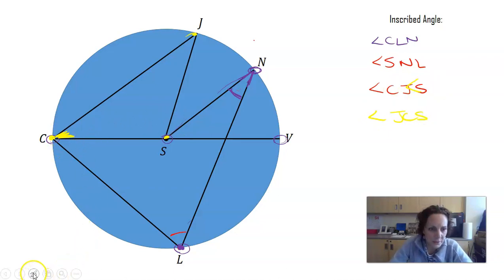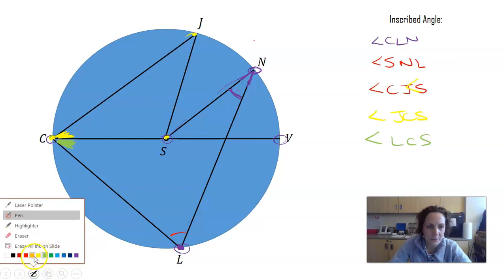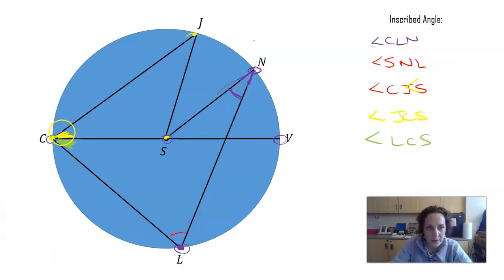I could also look at this little angle right here. You could call that one LCS. I could also look at them together, like this whole big angle. That would be JCL. So there are actually 3 inscribed angles at this vertex.